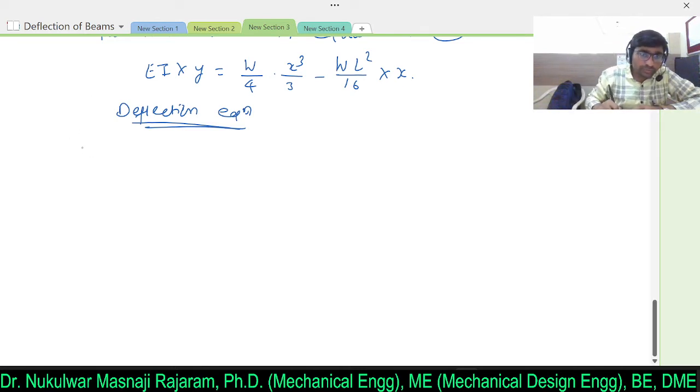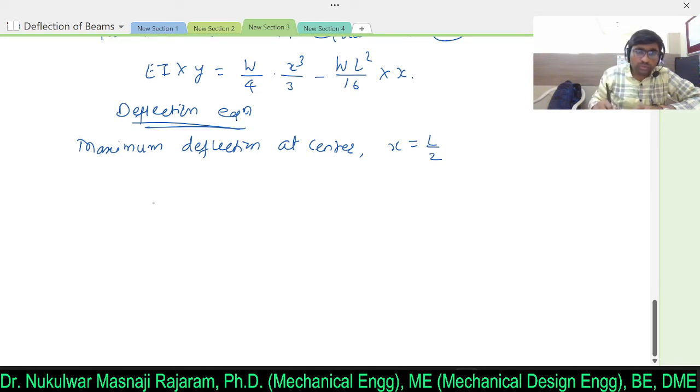So we will evaluate the maximum deflection at center, means when x will be equal to L by 2. Just put all the values over here.